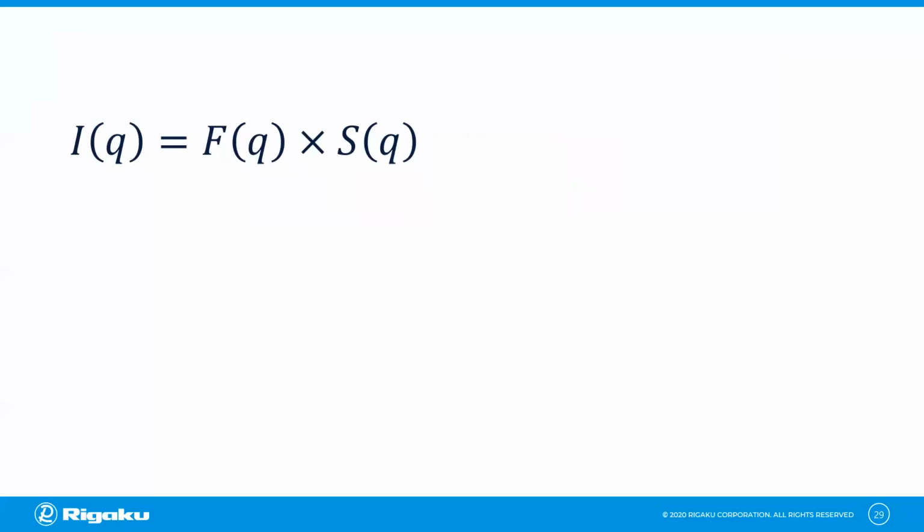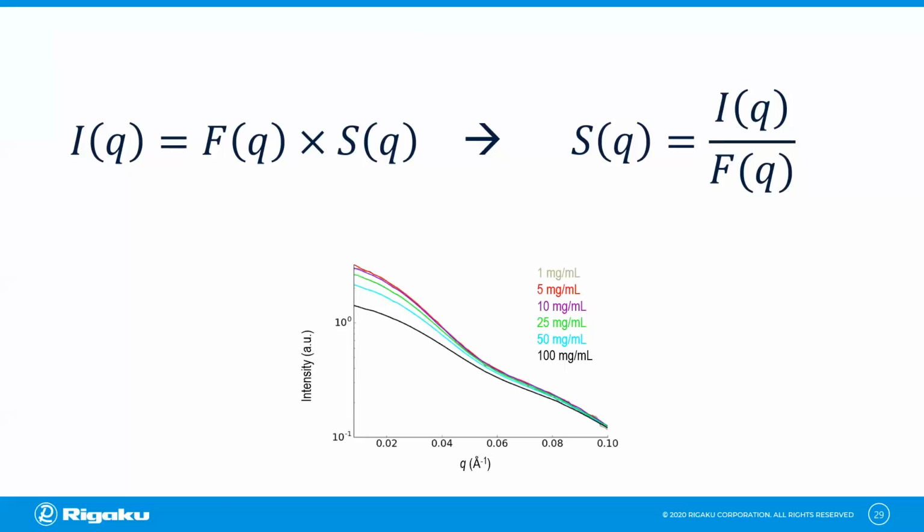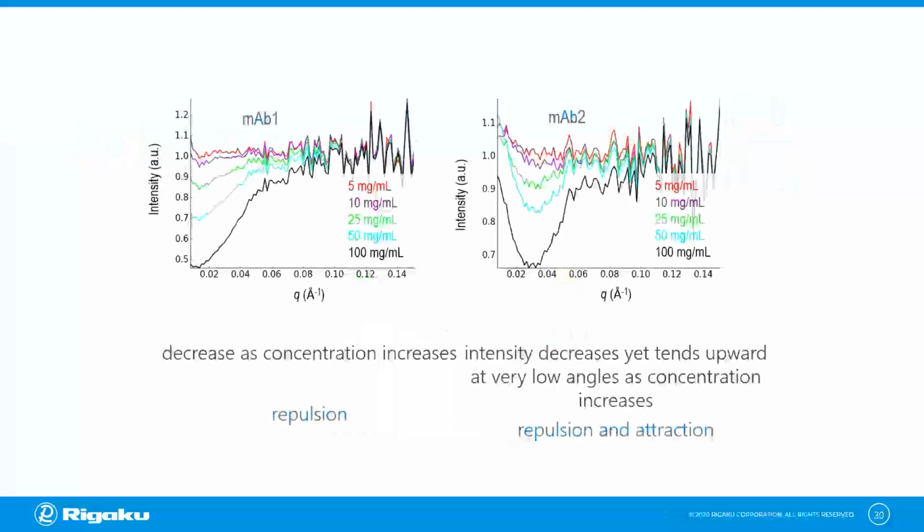All right, but can we say something about the solution structure factor? Well, absolutely we can. What we can do is solve for that component by dividing the intensity of an experimental data set by the form factor, basically the data at low scattering angle, this right here. We can extract information. If we do that for each of these scans from 5 to 100 milligrams, we see their solution structure factor values.